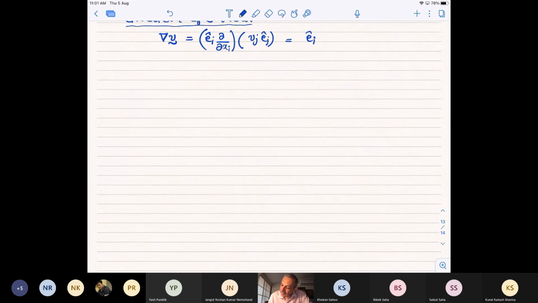So this is just ei ej, and then these are all constants, right? ex, ey, ez, they're all constants, so you can't take derivatives of them, but v may be changing. So we have to take derivative of that quantity. So that's why you get del vj by del xi. So you can see that the gradient of a vector gives you a tensor.